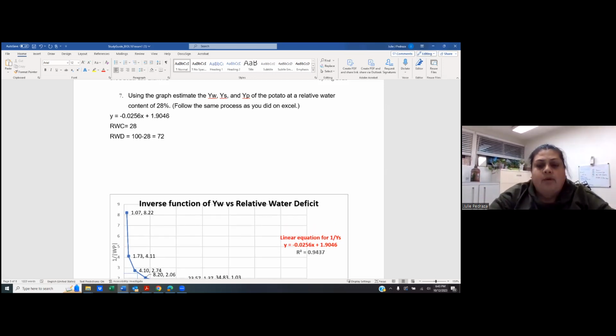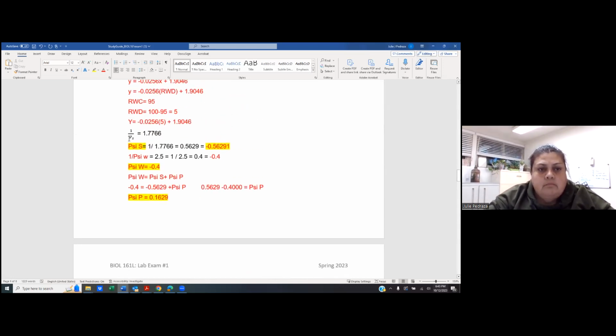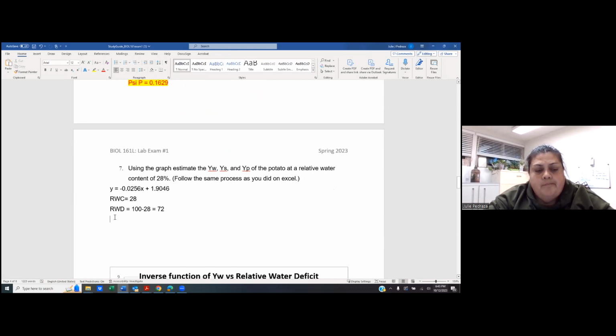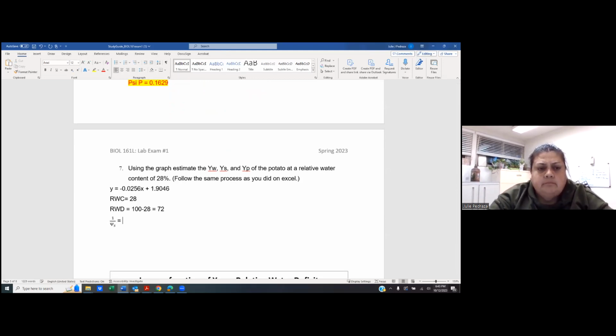Then we plug everything into the equation, which is negative 0.25, so 0.256.